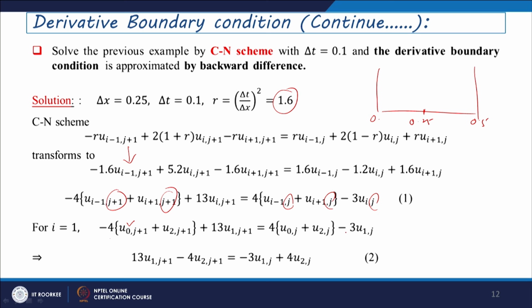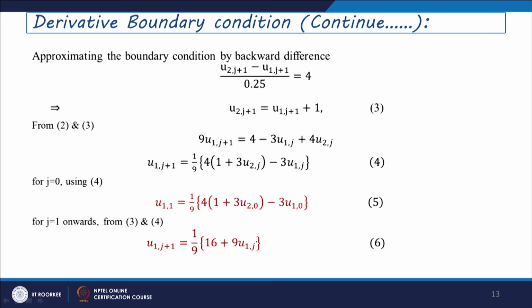This implies that we can write 13 u1,j+1 minus 4 u2,j+1 equals minus 3 u1,j plus 4 u2,j. Finally, if we approximate this boundary condition by a backward difference approach, we can write (u2,j+1 minus u1,j+1) by 0.25 equals 4 here.